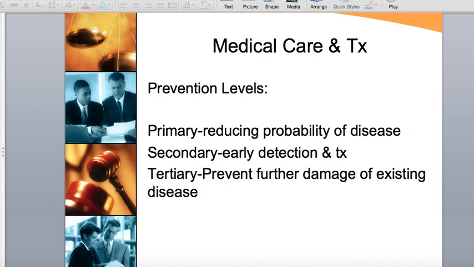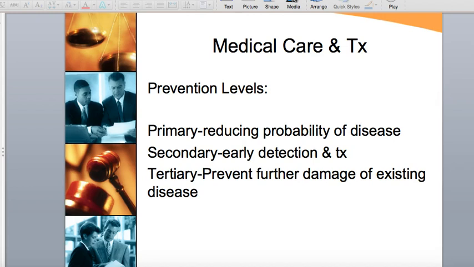When we're thinking about prevention levels, this is a review of an area we've covered before when talking about public health. When we're looking at prevention levels, you're looking at primary, secondary, and tertiary. Primary prevention level is reducing the probability of a disease. Secondary prevention level is early detection and treatment.